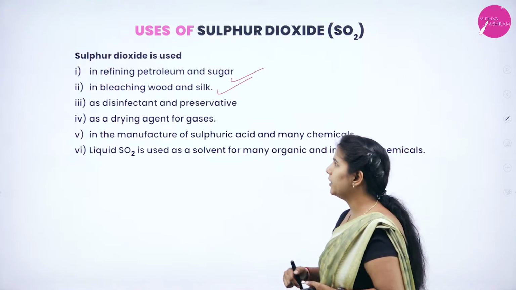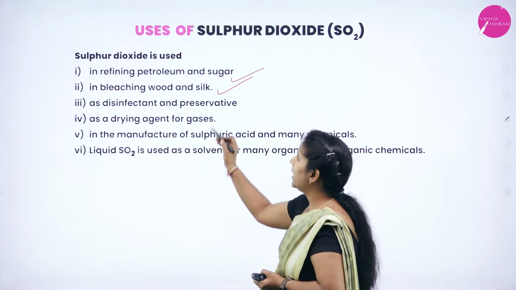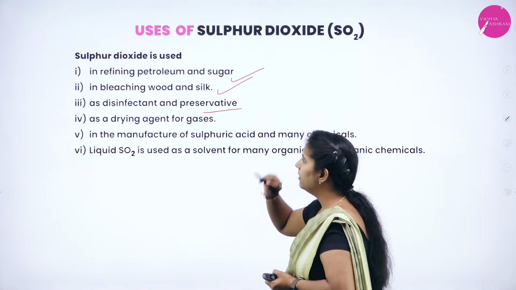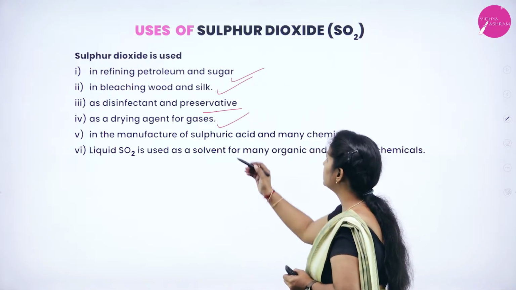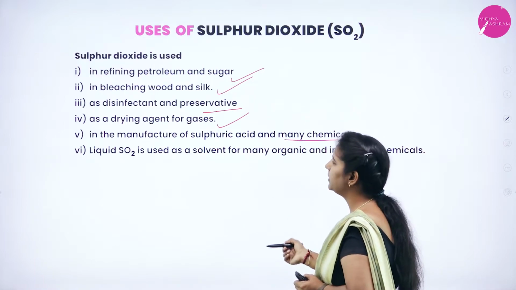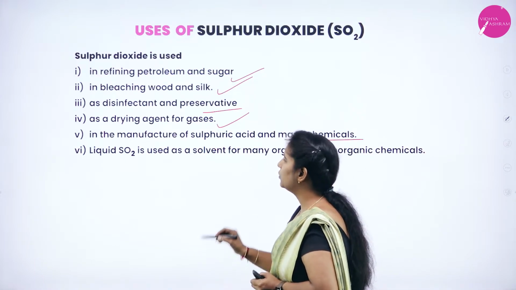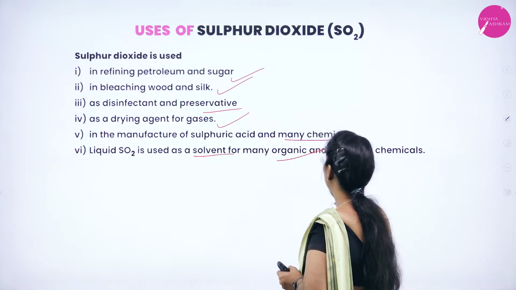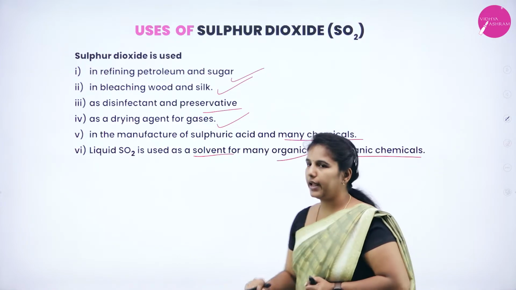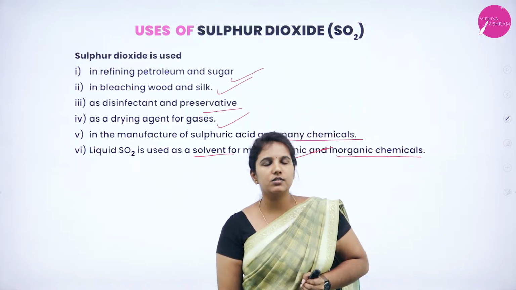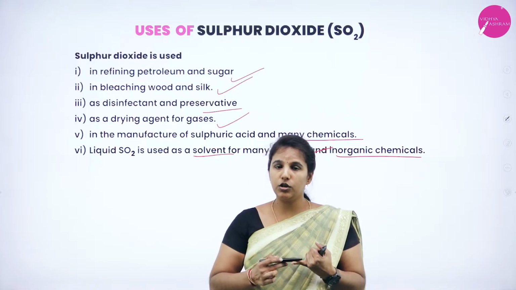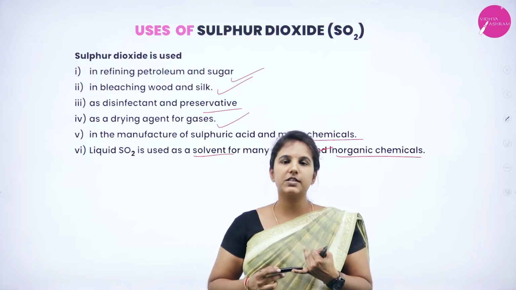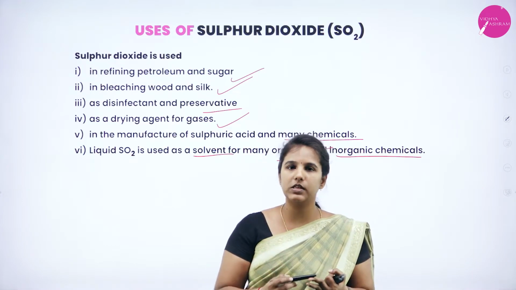We use sulfur dioxide as a disinfectant and as a preservative, as a drying agent for gases, in the manufacturing of sulphuric acid and many chemicals, and liquid SO2 is also used as a solvent for many organic and inorganic chemicals. These are the uses of what? Sulfur dioxide. So, hope you have understood the allotropes of sulfur and the compounds of sulfur.